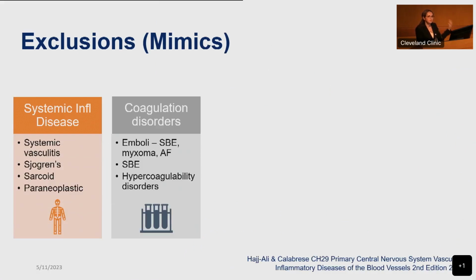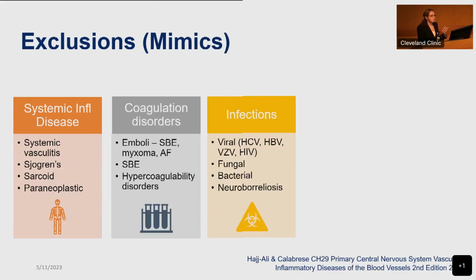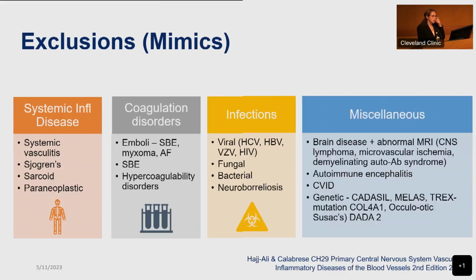You are the best team to look for inflammatory conditions. Your neurologists, your infectious disease colleagues are really very important. Your neuroradiologists as well. Your neurologists can assess for thromboembolic disease, atherosclerotic disease, and an autoimmune encephalitis-like picture.